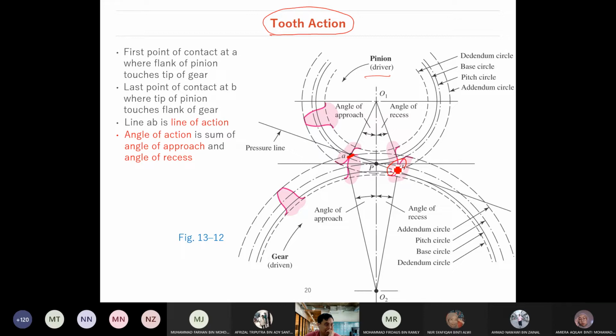Maksudnya dia tak kena. So apa berlaku sebenarnya adalah awak akan give a hit ataupun hentaman kepada gear tu instead of the kita nak gradual transitioning edge of the contact, tapi maksudnya dia akan berlaku hentaman kat situ. Alright? Kan? Itulah maksud dia lebih kurang.